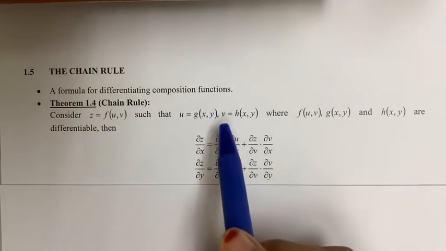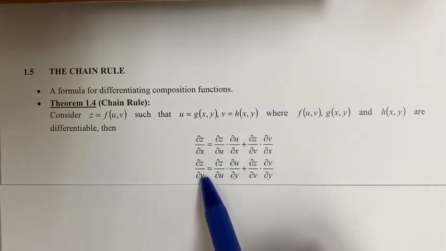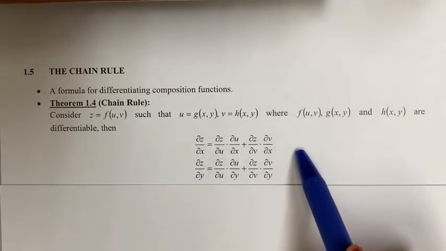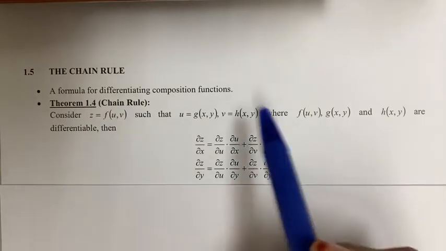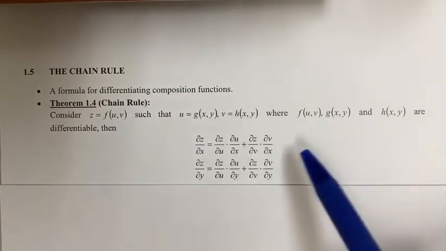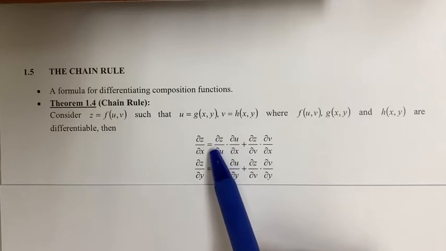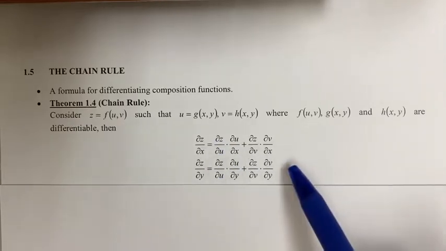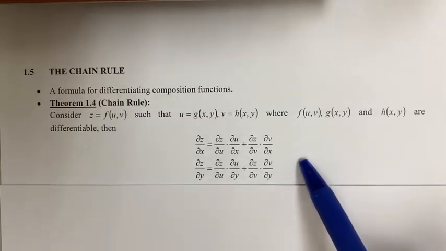Then how you can find del z over del x and del z over del y is using these two formulas. Meaning that the chain rule can solve a function in a function. So del z over del x and del z over del y is written as this, and this is coming from the tree diagram.